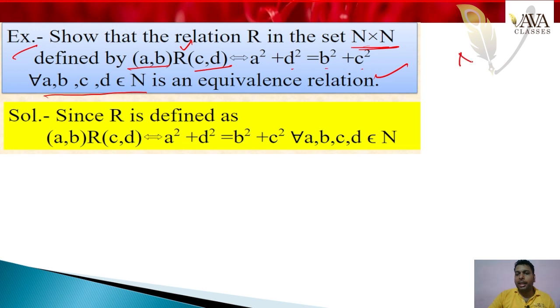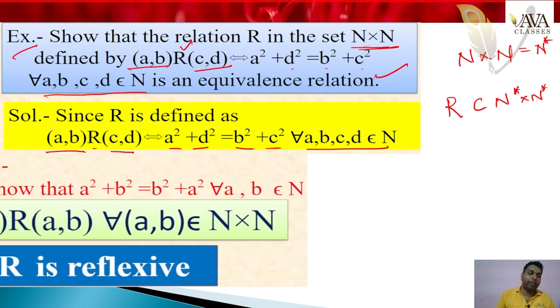Here the set is itself an ordered pair, N cross N, and we are forming the relation R on it. Since R is defined as (a, b) related to (c, d) if a square plus d square equals b square plus c square for all a, b, c, d belonging to N.